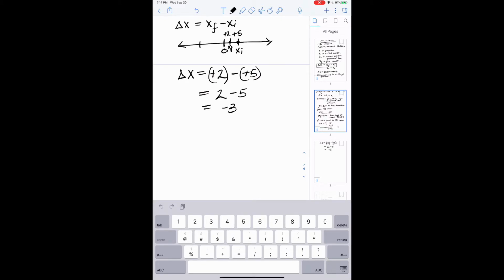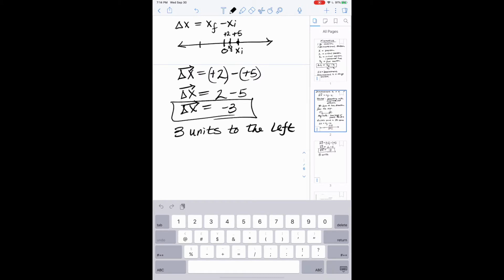So what does this mean, right? Well, first of all, we can see why displacement is a vector, right? If I draw this vector hat over its head. Because what this answer indicates is that the displacement of the object is equal to 3 units, whatever that is, centimeters or whatever, to the left.